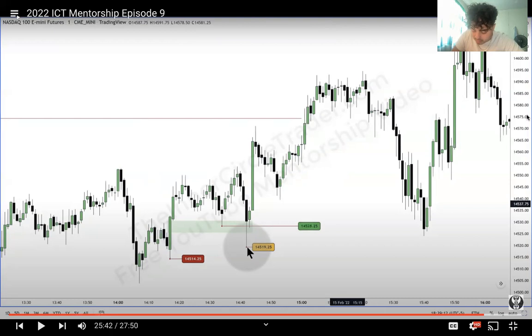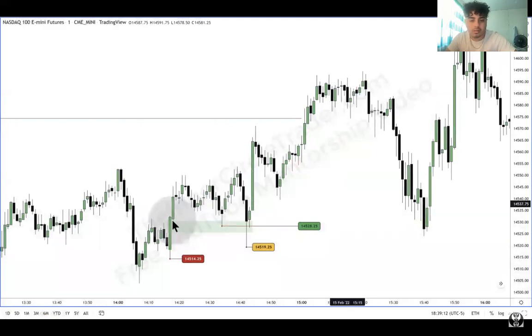If price hits your entry and fair value gap goes up, below doesn't mean the fair value gap is invalid. Look at the body of this candle here. Isn't that respecting that? Yes.